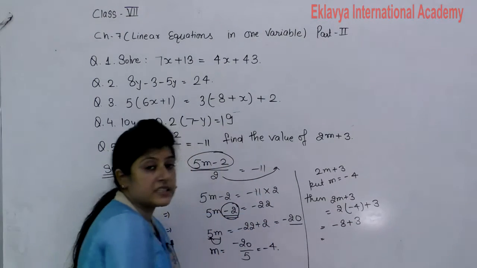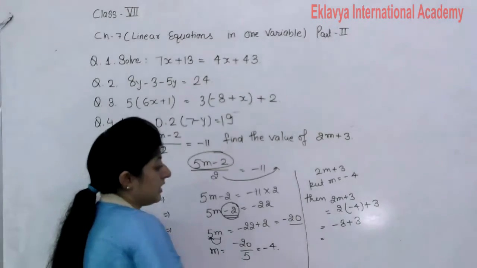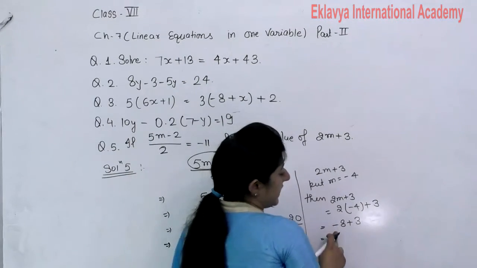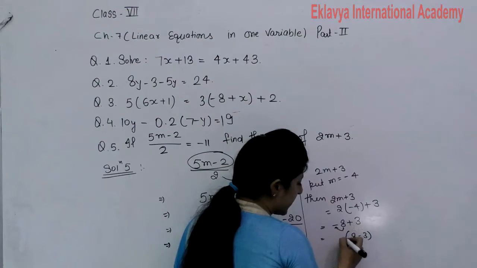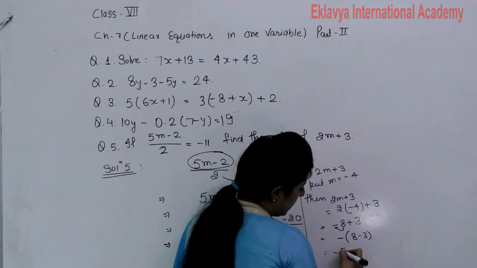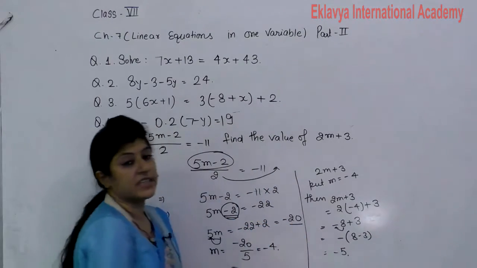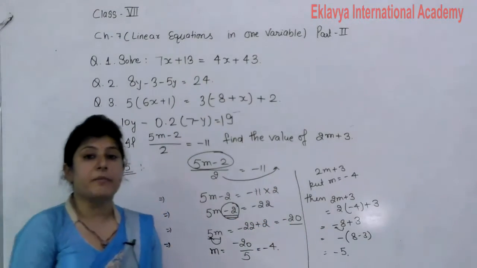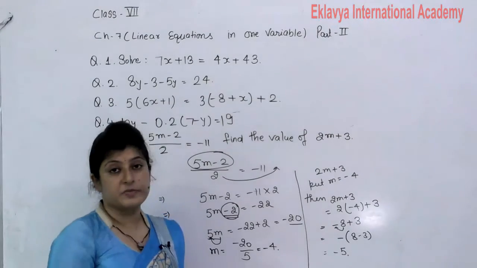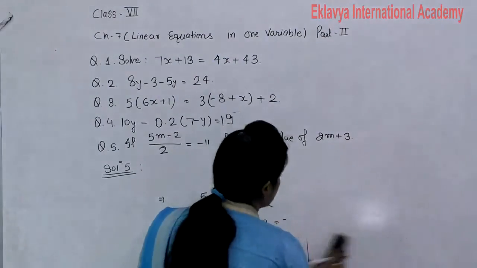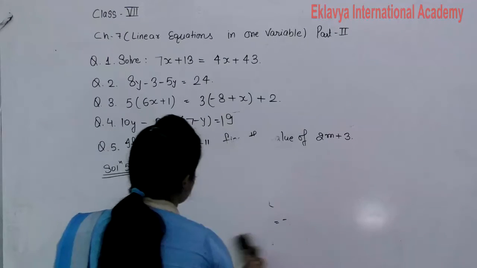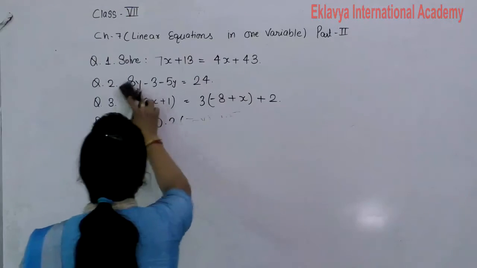See, plus minus minus. In this, it means 8 minus 3, but with this negative sign, the result will come with a negative sign, then your answer will be minus 5. So this time we solved the equations using the transposing method.